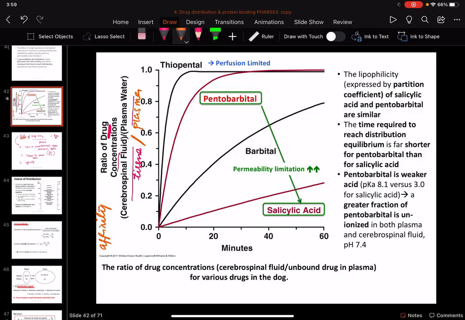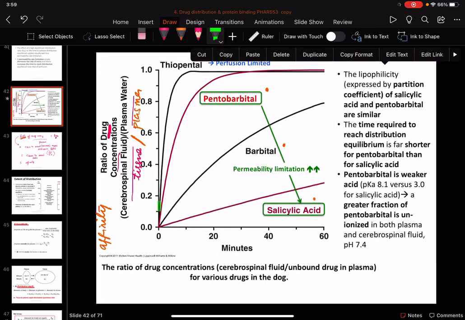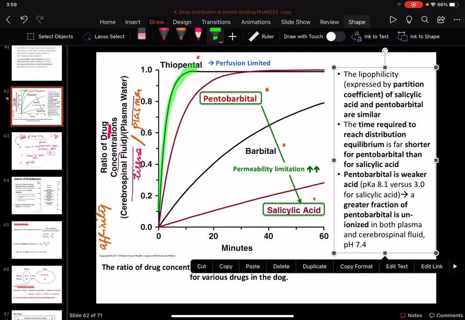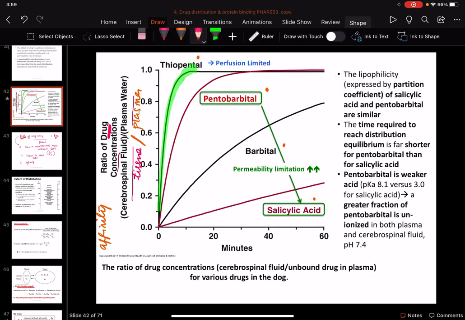Start with thiopental, pentobarbital, barbital, and salicylic acid. If we notice the behavior of each one of them, it happens very fast, and then we reach the plateau, and then it starts to be different.